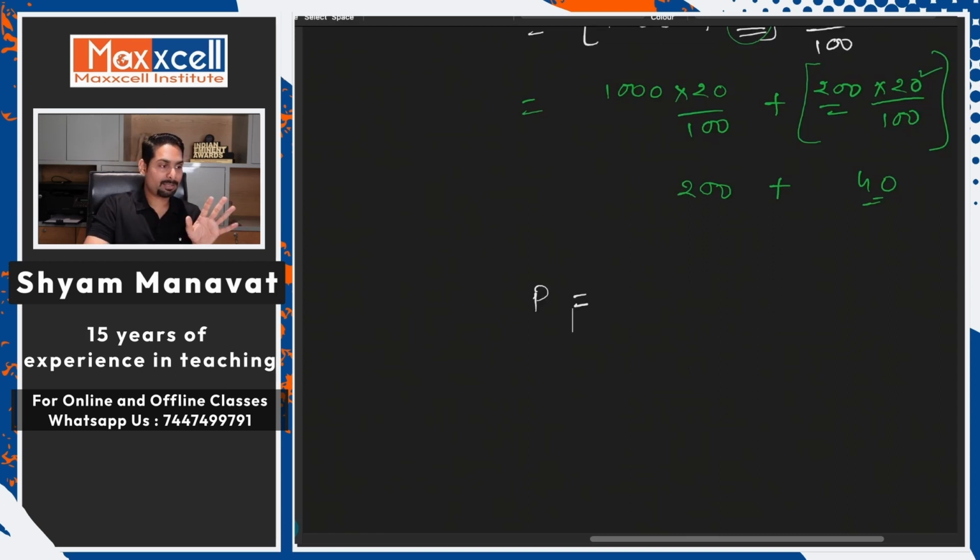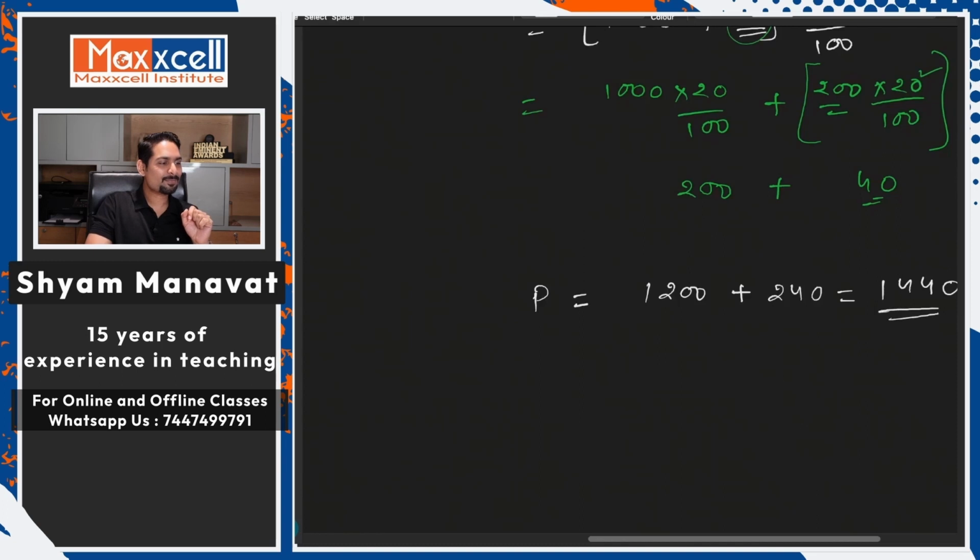I'm not withdrawing any money, right? So from first year I got 1200, second year interest generated 240, which I'm not withdrawing again. So here this is nothing but 1440. Now for third year, bank will calculate interest on this value.